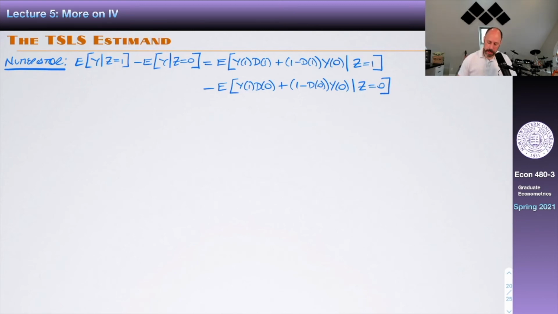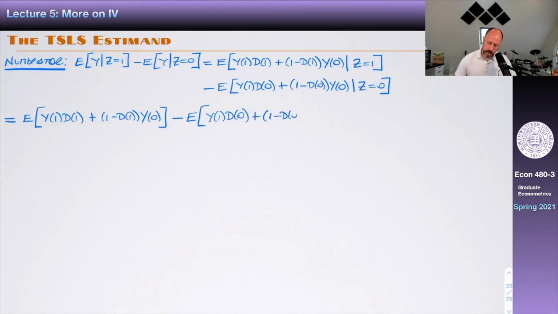And then here I'm going to use independence of the instrument, meaning z is independent of all these potential outcomes, so the conditioning doesn't play any role. And then we're going to have expected value of y1 d1 plus 1 minus d1 y0, minus the same thing with the d0s here.